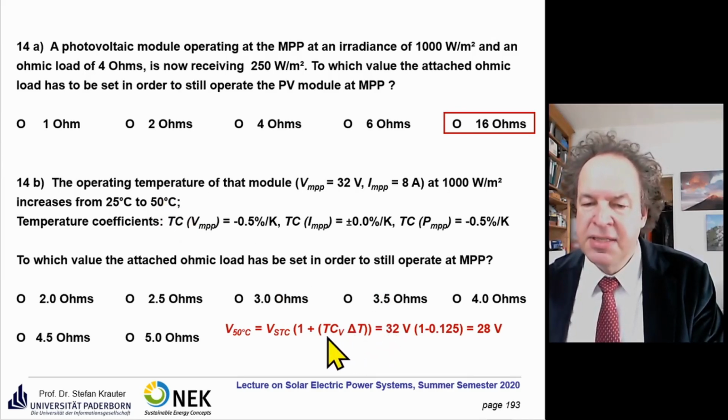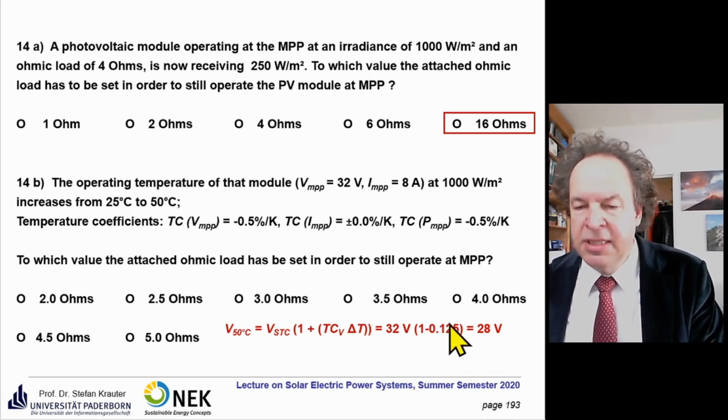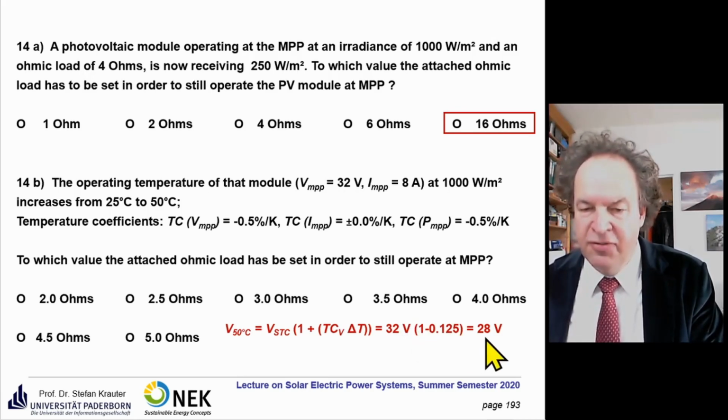So minus 0.005 times 25 is minus 0.125. Together with 32 volts, we arrive at 28 volts under 50 degrees Celsius operation.